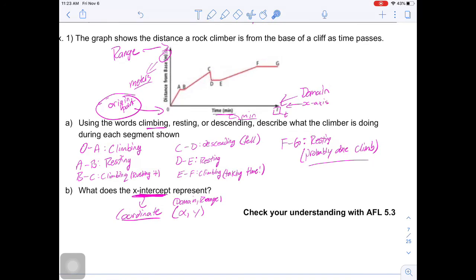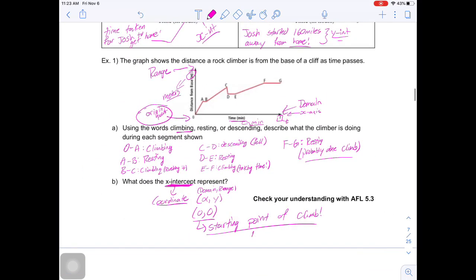What's my domain point here? Well, it's 0. And our range point is also 0. This is the starting point of the climb. So he hasn't gone anywhere, at least at base. So this is at the base.